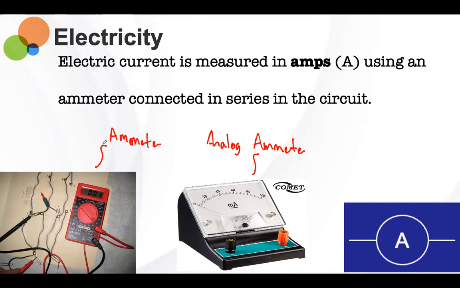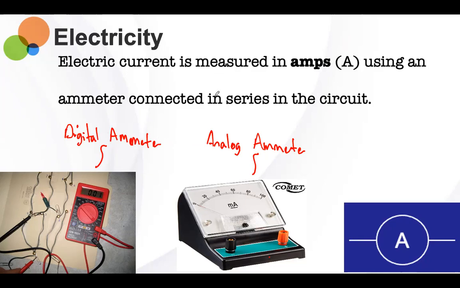These two measure electric current, but with this one you have to read the scale, and this gives you the reading already. So this is a digital ammeter.